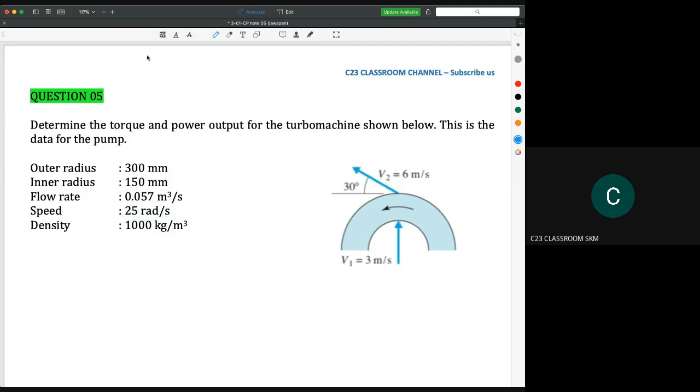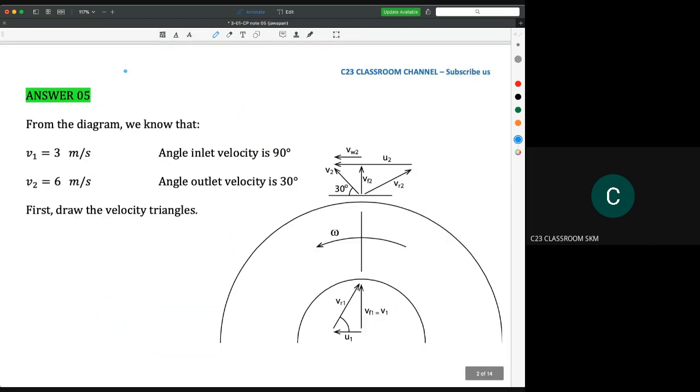Okay, so we will answer this question. The question is about the torque and about the power output here. So for the diagram here, we know that V1 is equal to 3 meter per second, and then V2 is equal to 6 meter per second.